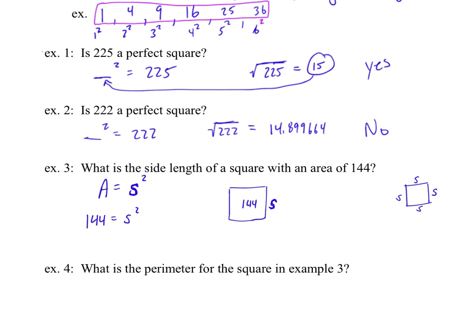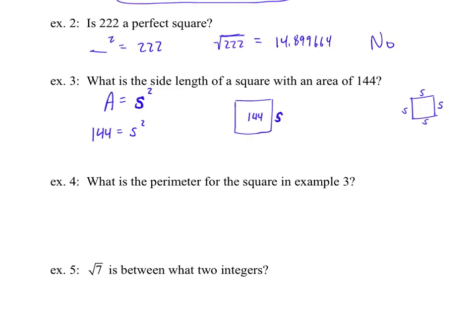In this problem, we have the number 144 and this S squared. I want to undo that square, so I just take a square root of both sides. That leaves me with just an S all by itself.